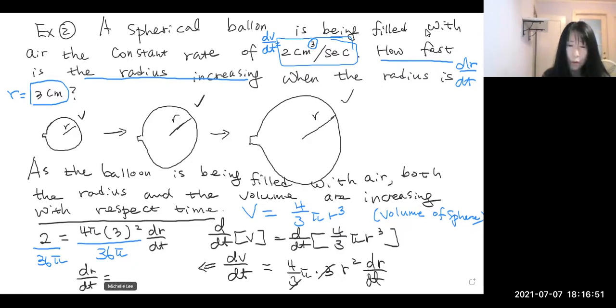So 2 over 36 pi, which is 1 over 18 pi in units of centimeters per second. So this is how we find how fast the radius is increasing when the radius, in this problem, is at 3 centimeters.